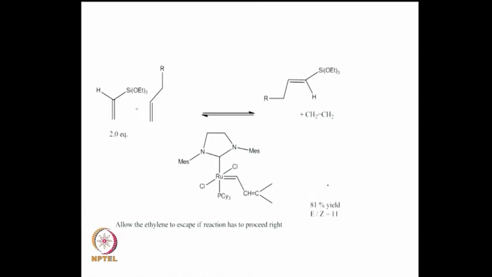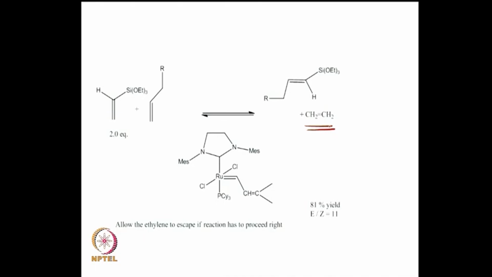Now, a similar reaction with a modified Grubbs second generation catalyst, here again you get a silyl substituted alkene, and this can also proceed from one side to the other side purely by removal of ethylene from the reaction mixture, and you end up with an 81% yield of the desired product and an E by Z ratio of 11.